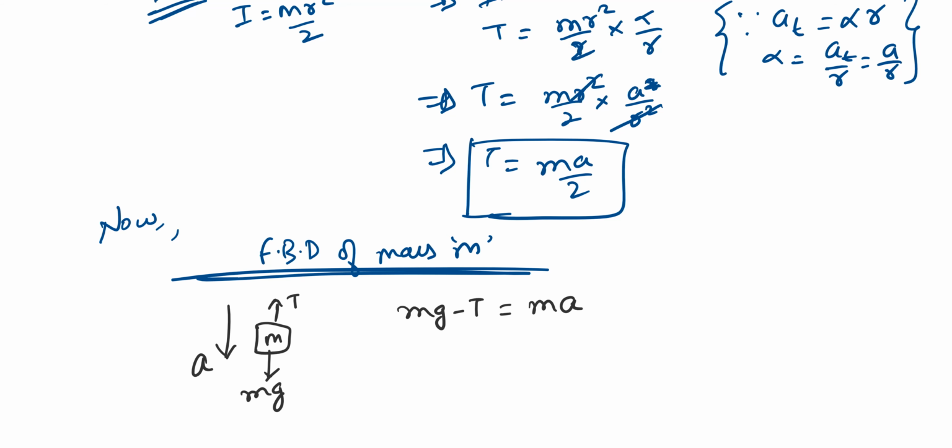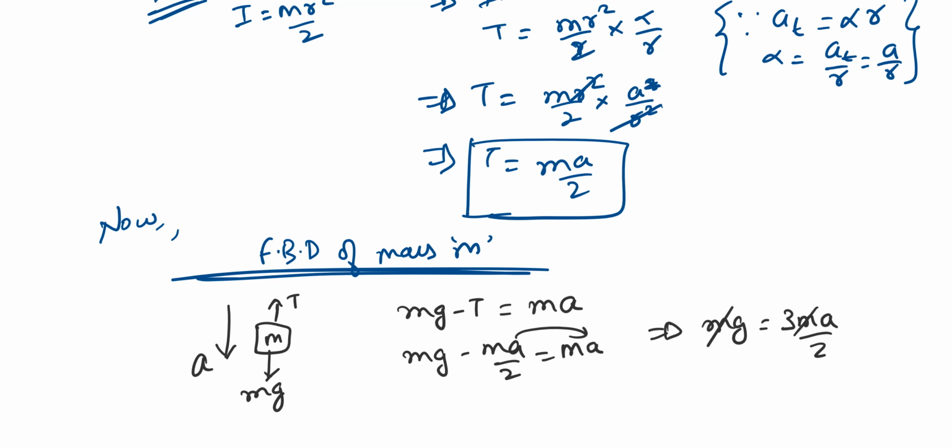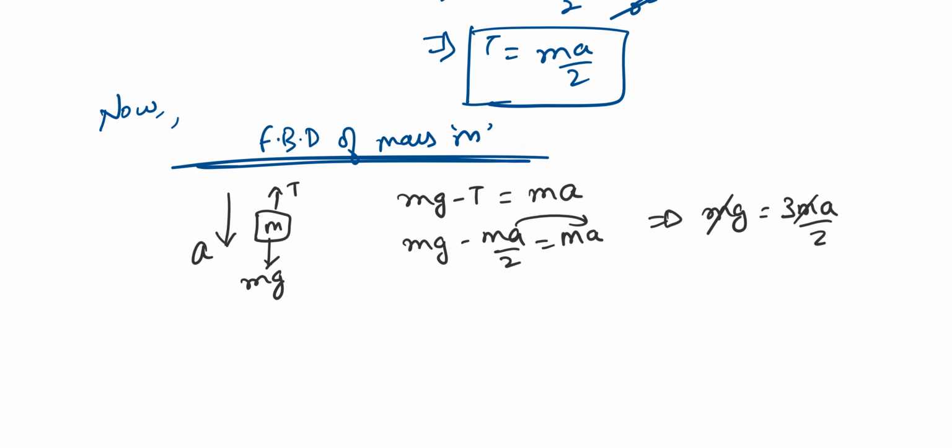We know the value of tension is ma by 2, so mg minus ma by 2 is equal to ma. From here mg is equal to 3ma by 2. The mass cancels, so we get the value of acceleration as 2g by 3.